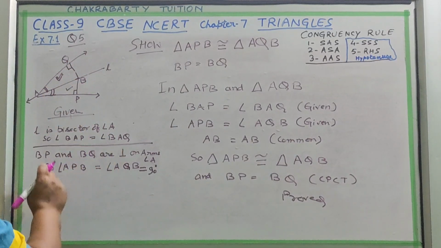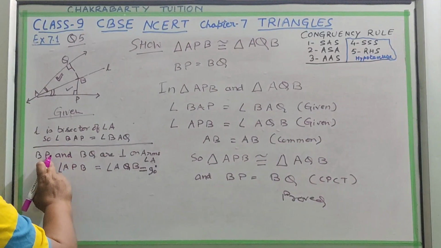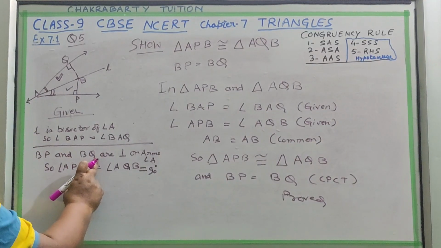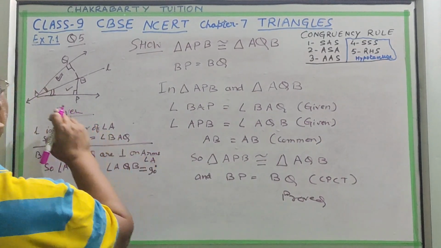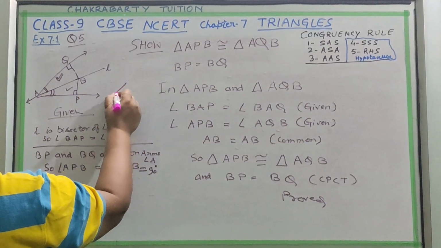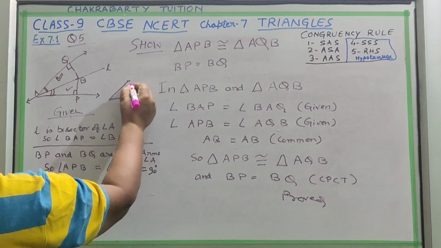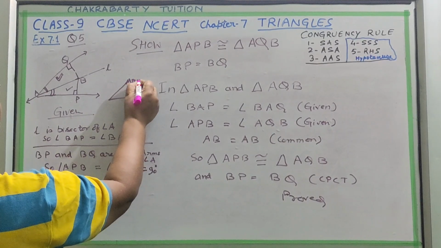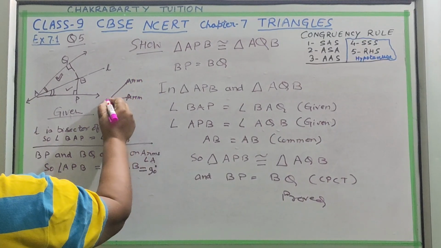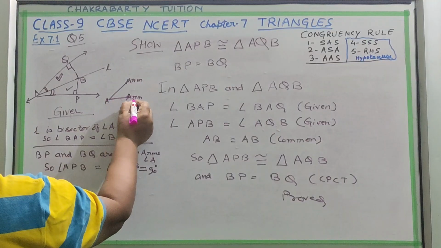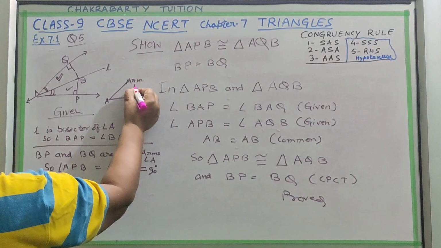It will be equal. And the other thing they are writing: BP and BQ are perpendicular on the arms of angle A. If an angle is there, its lines are also called the arms of the angle.